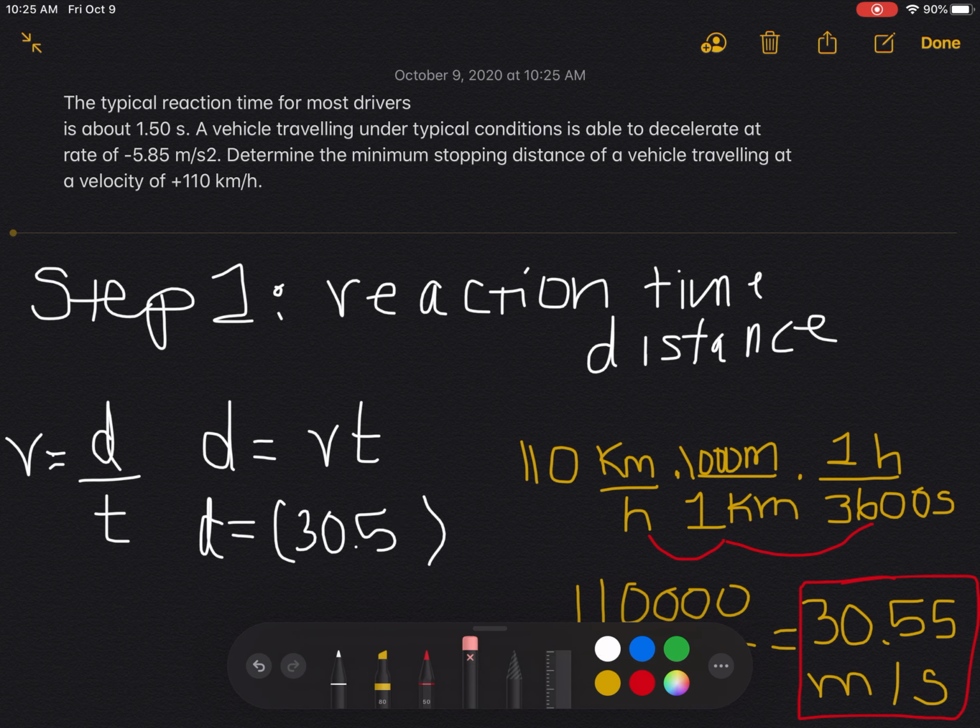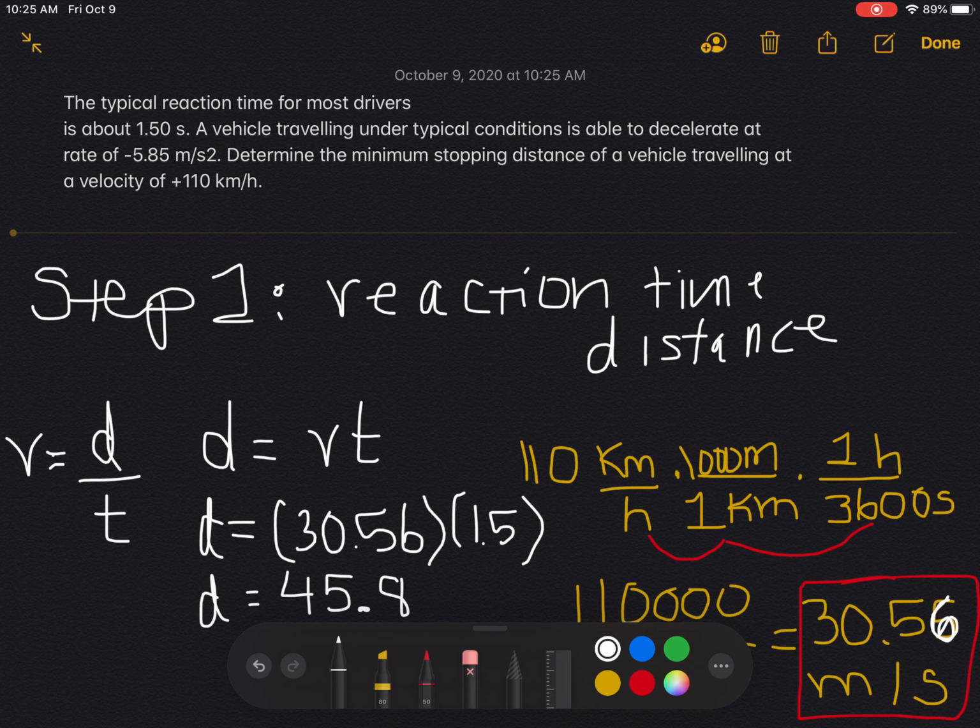Actually, this is 30.56, just because there's another 5 past that, so this becomes a 6. Sorry about that. Multiplied by our time, which in the question it says 1.5 seconds. If we multiply those two numbers out, our distance is 45.83 repeating meters. Okay, great.